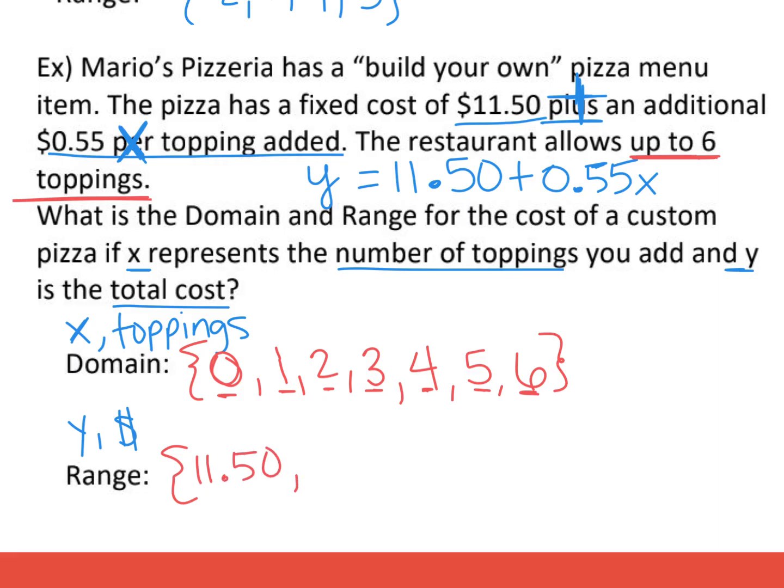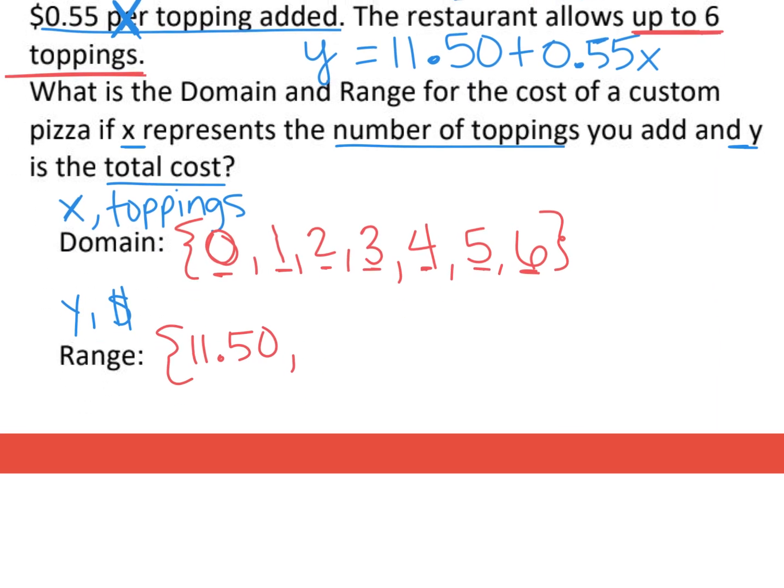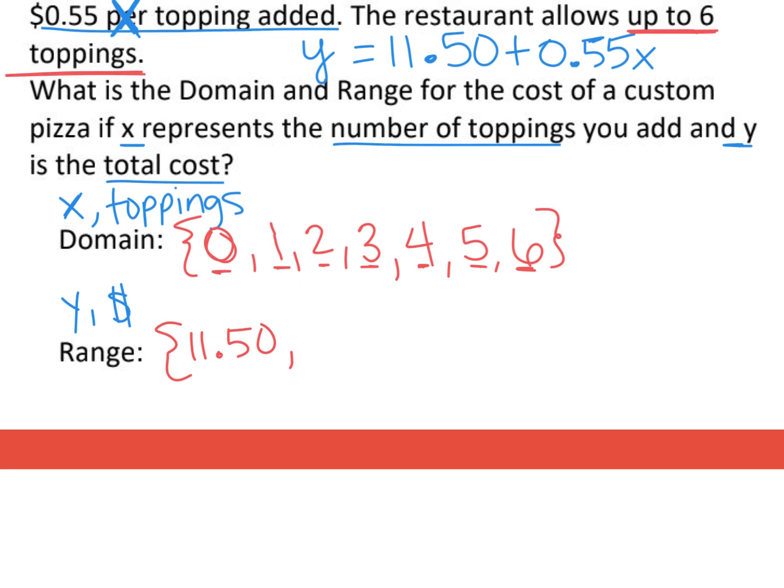So this was that, we talked about no halves except in money, okay? What if we got 1 topping? How much did our pizza cost? What are you going to do? We're going to add 55 cents to the $11.50, and we get, I heard someone say $12.05. What if we got 2 toppings? $12.60.